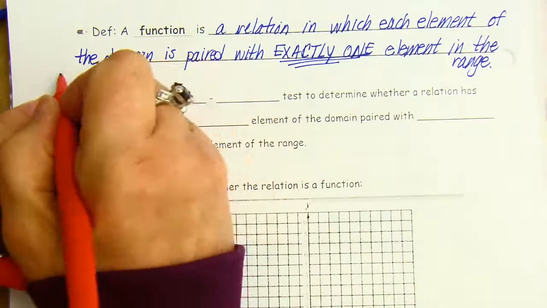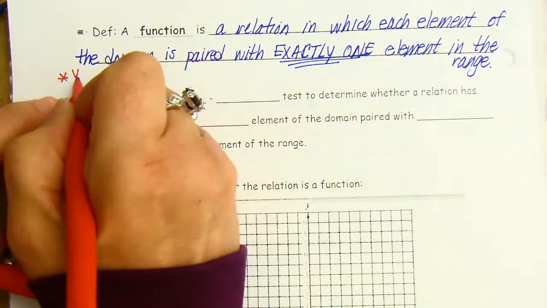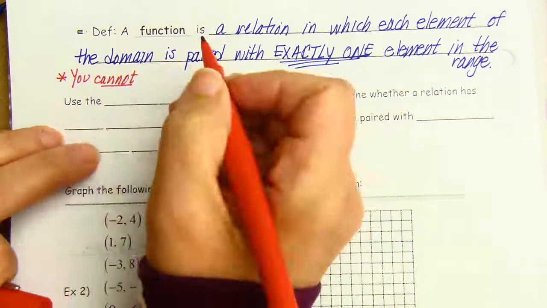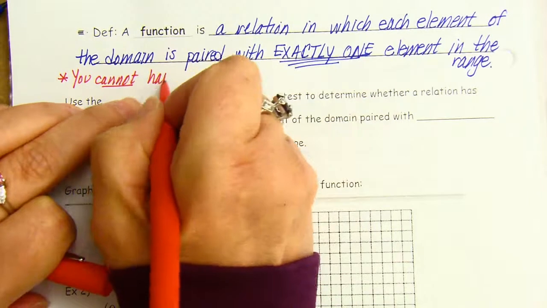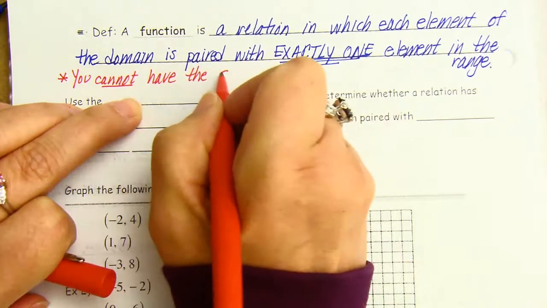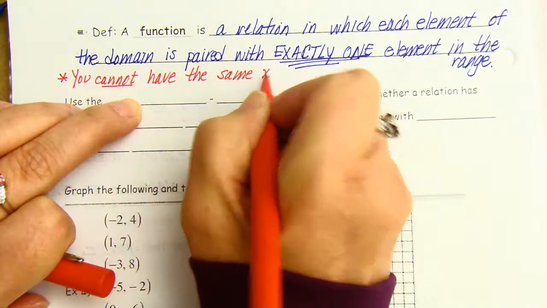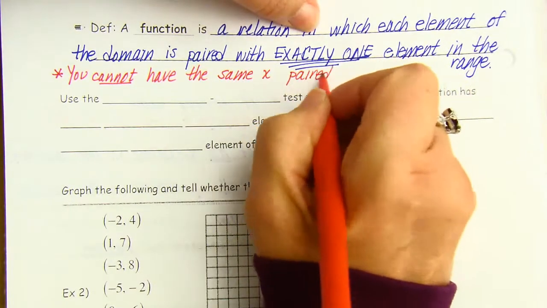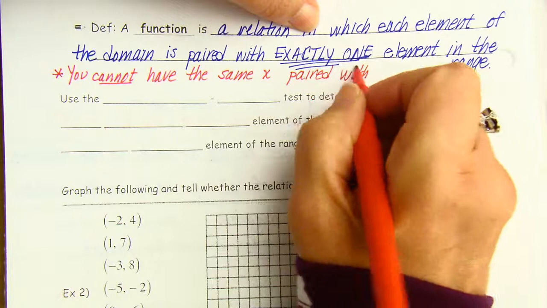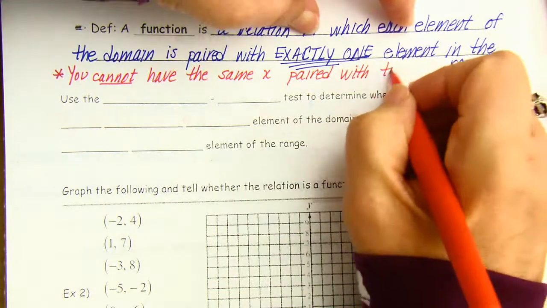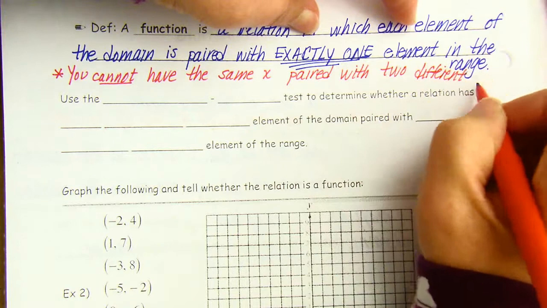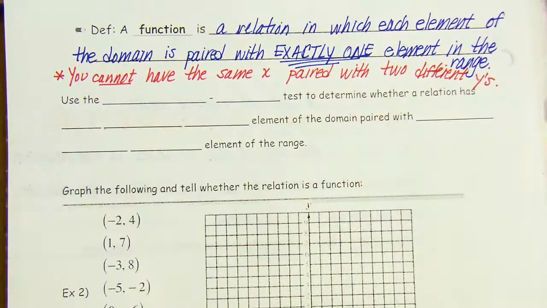Okay, so I'm going to write that here in a different color. You cannot have the same x value paired with two different y's. If you have the same x value being paired with two different y's, that's not a function.